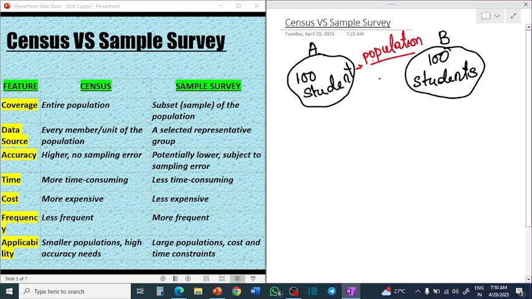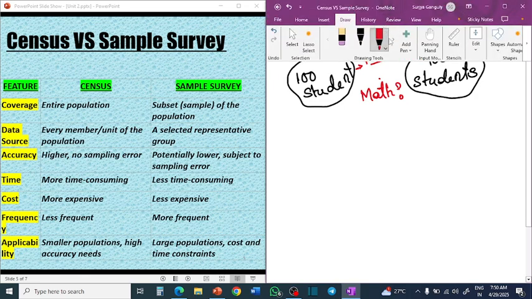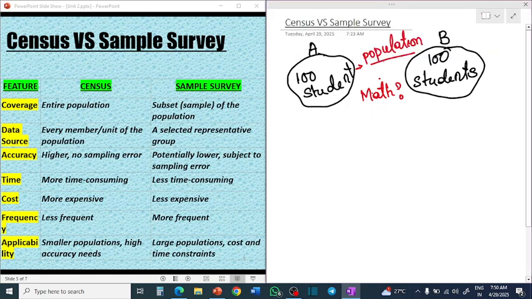Suppose you are given a study to find out, out of these 100 students, how many students are good in mathematics. First you are told that you have to collect a census and see how many of the students are good in mathematics.